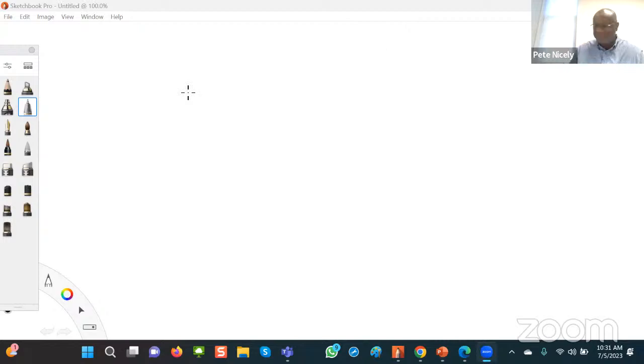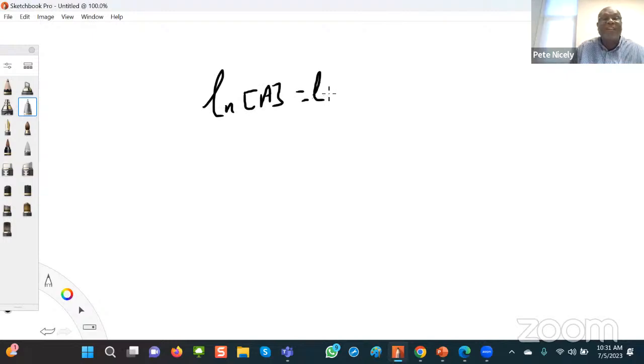Okay, so if you remember, one form of the equation, ln A is equal to ln A0 minus KT. Right, so this, as I said before, is one form of that equation.